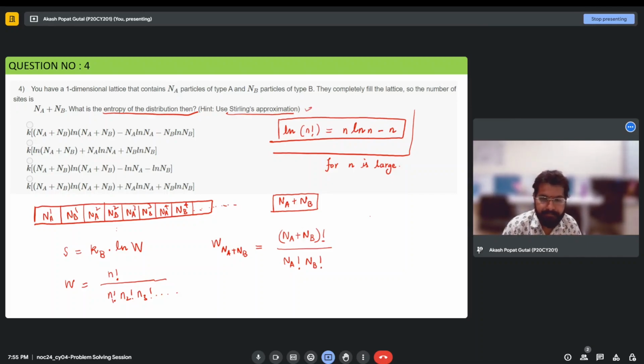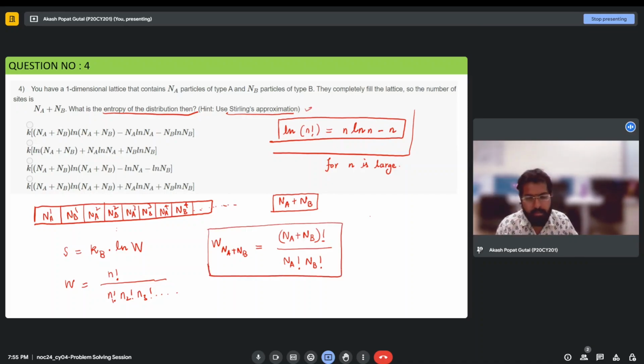So this is our number of microstates for the Na plus Nb lattice.